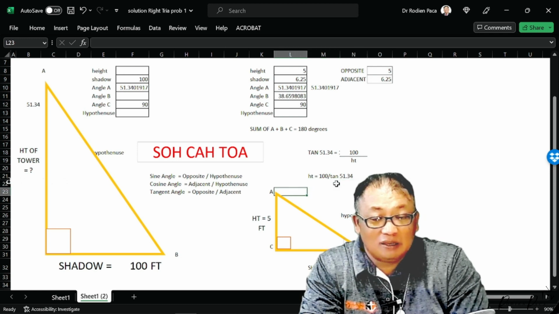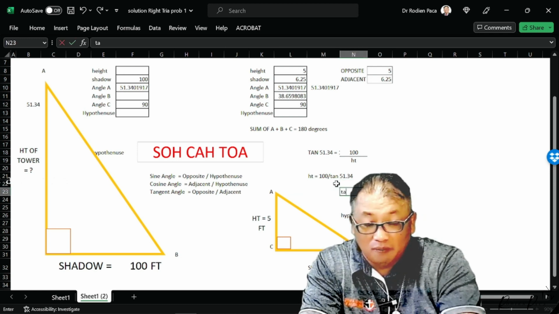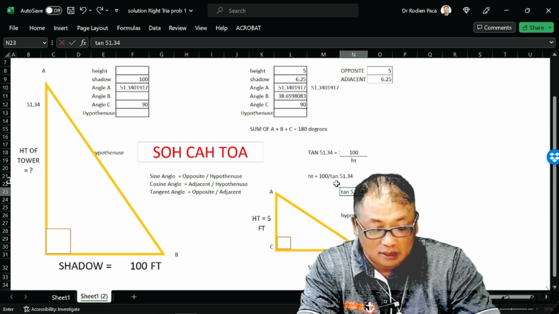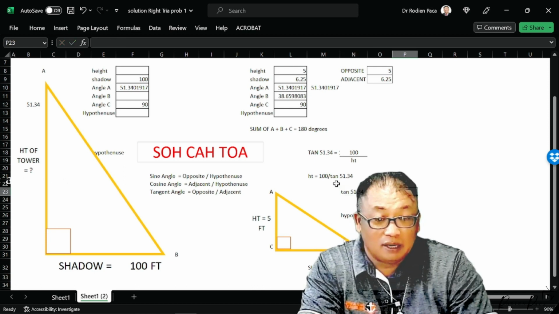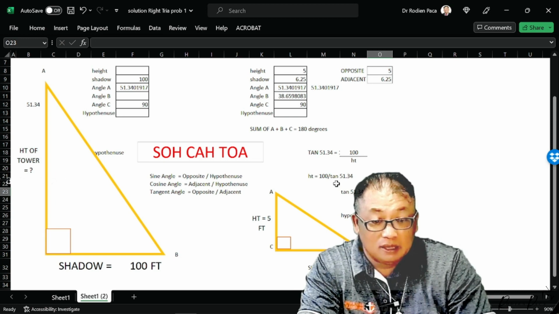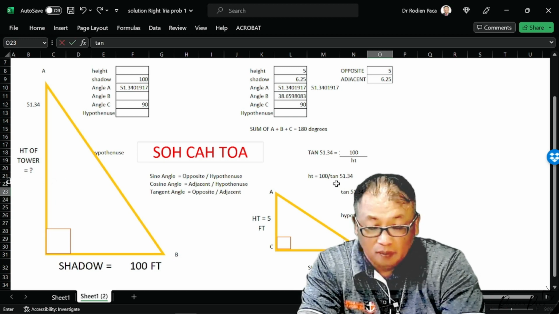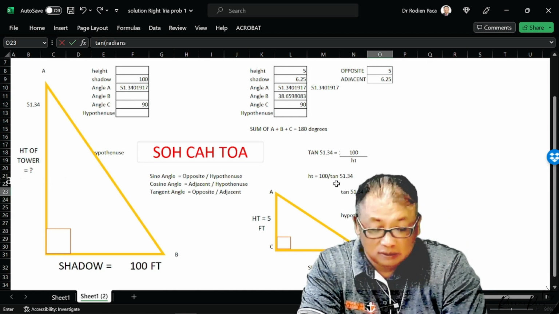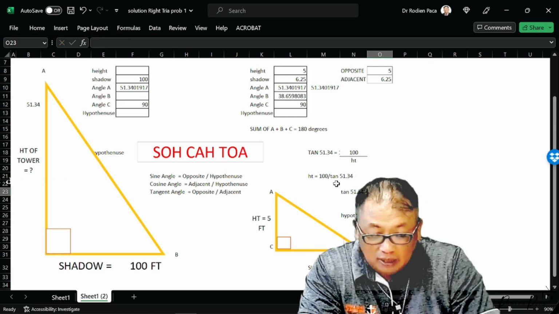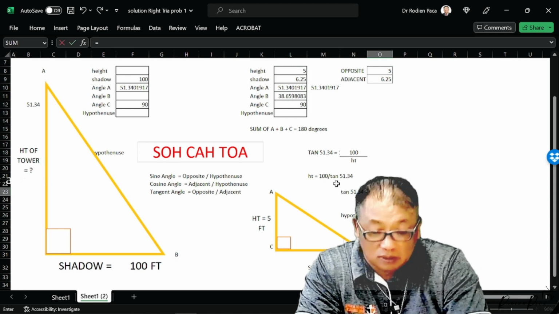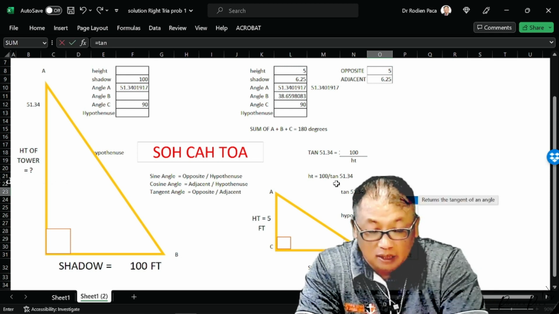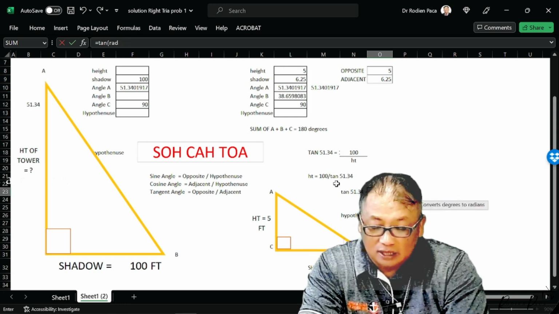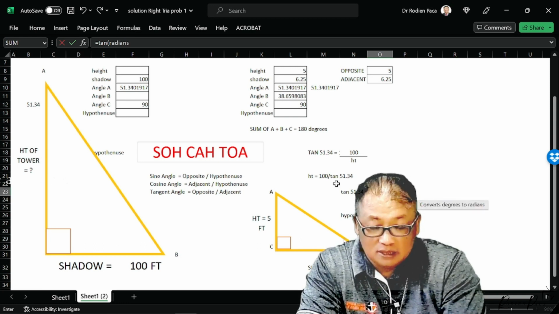The tangent of 51.34 in Excel shall be like this. It shall become tangent, then you must put the word radians. So again, I would say equals tangent, then you have to put radians, because this is the syntax for this one.